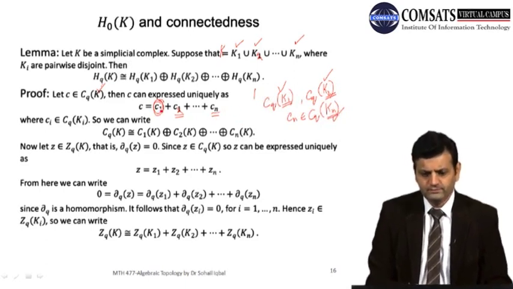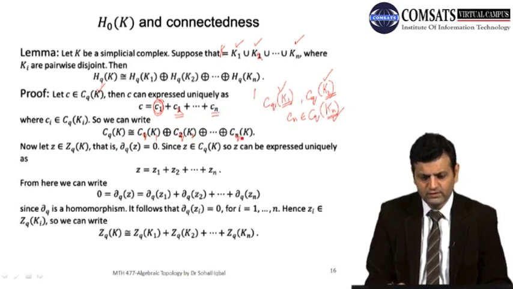So that's why we can write down this element of CQK in this form. And from here we can say that CQK is basically equal to CQK1, CQK2, CQKn. Okay, so this CQK can be written as direct sum of CQK1, CQK2 up to CQKn.